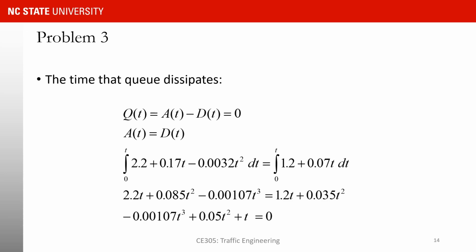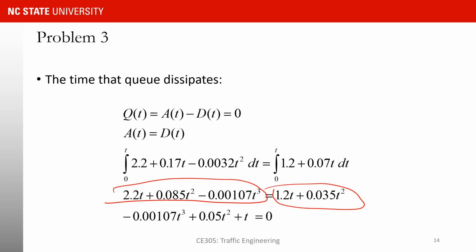If you want to find the time at which Q dissipates, you just need to set Q of t equal to 0, which means that A(t) minus D(t) is equal to 0, or they are equal to each other. So if you do that, you are pretty much setting this term equal to this term. You don't need to take the integration again.